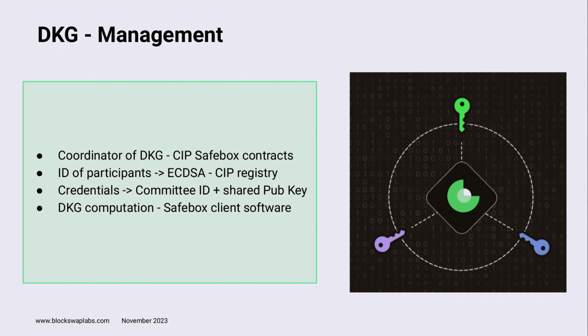They are identified with a specific ECDSA address and an ID of the registry. These registries are incompatible: if you have some number of members, some number of these keys, they are not interchangeable with other committees, but I will talk about that a little bit later.